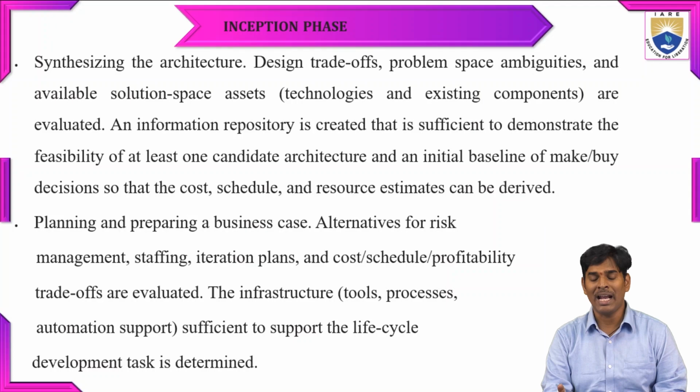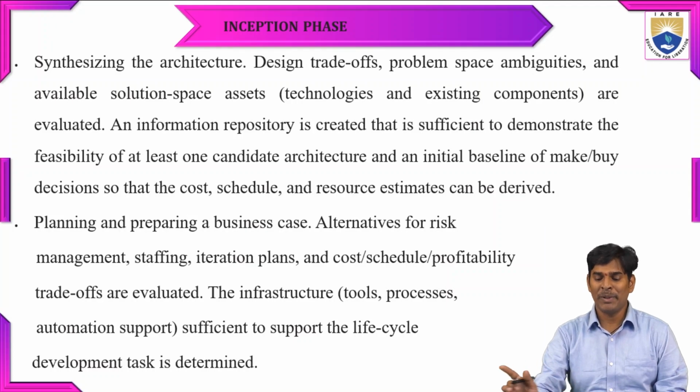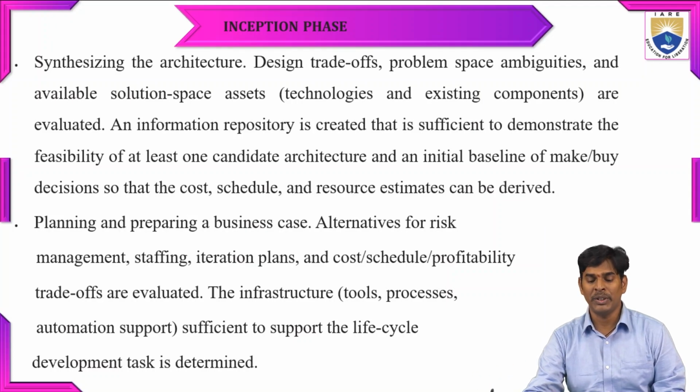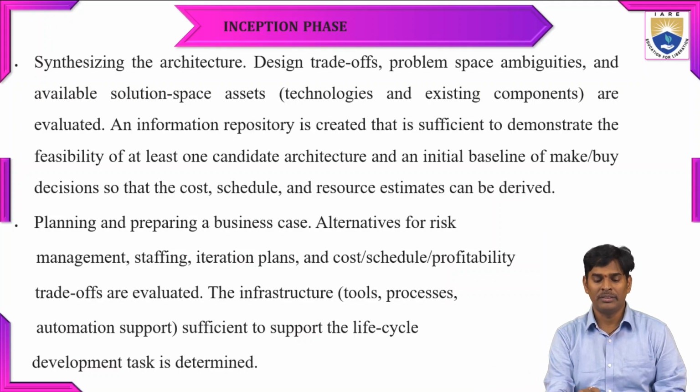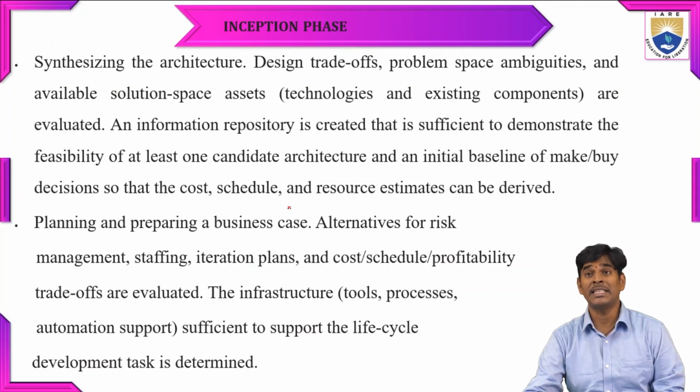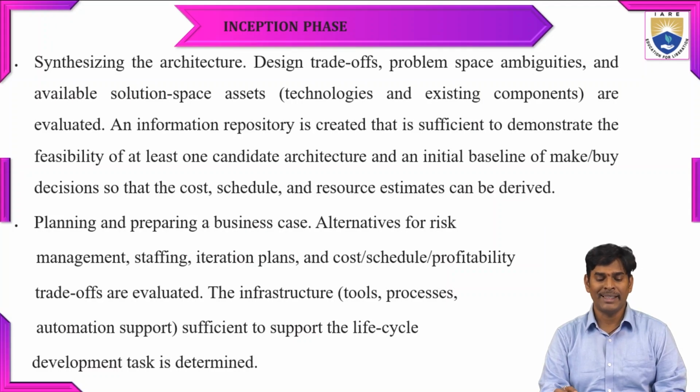So at least one candidate architecture has to be explained, and they need to give a brief description about the various components and how the baseline of the make or buy decision, such as the cost, schedule, and the resources estimated, can be derived. Okay, so this is the second point.